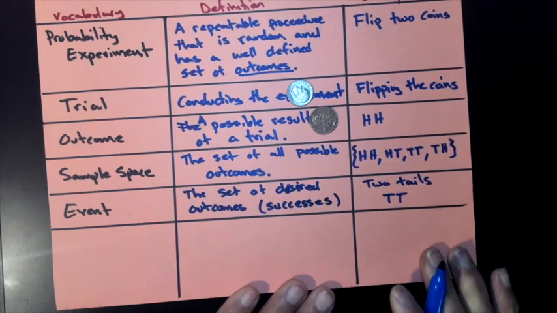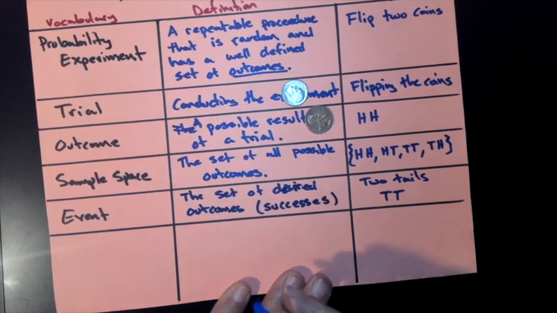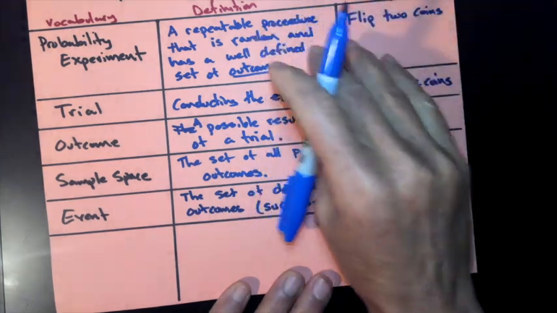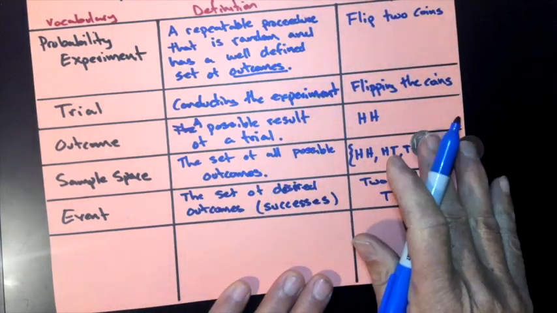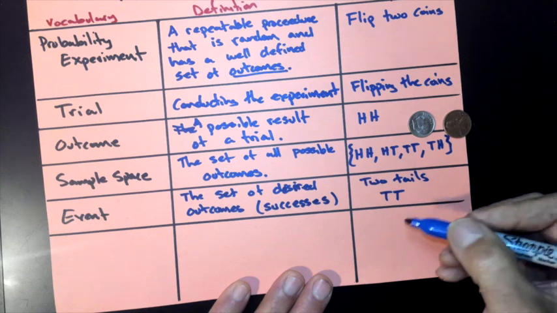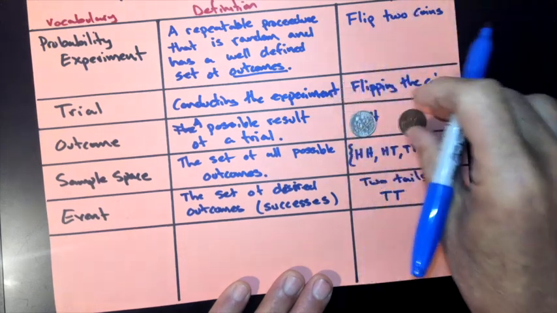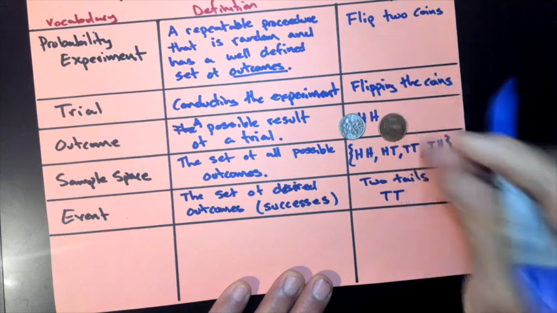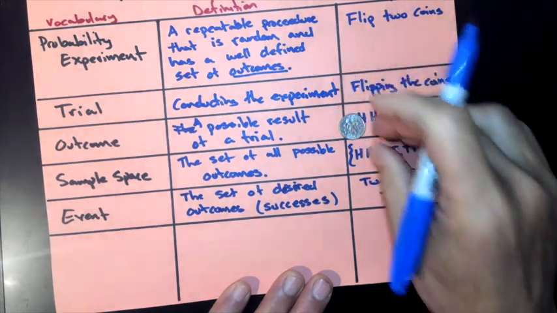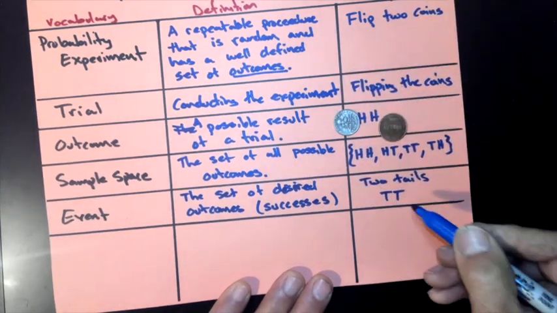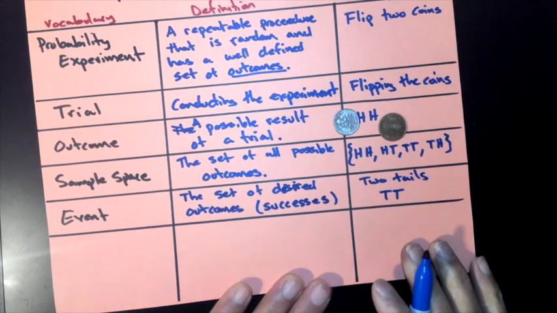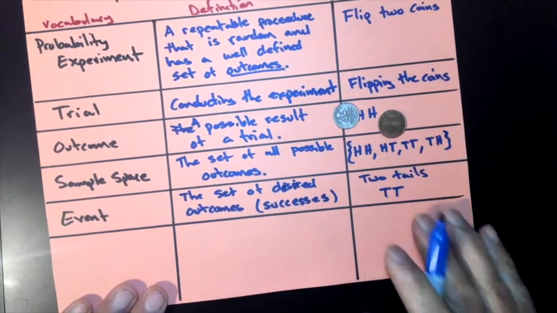The set of desired outcomes, or the set of successes. So there's one of these, okay? In this particular case, I'm saying, what is the probability of getting 2 tails? If I say, what's the probability of getting a heads and a tail, there's 2 ways to get that. So I have 2 members of my set in my event, okay?